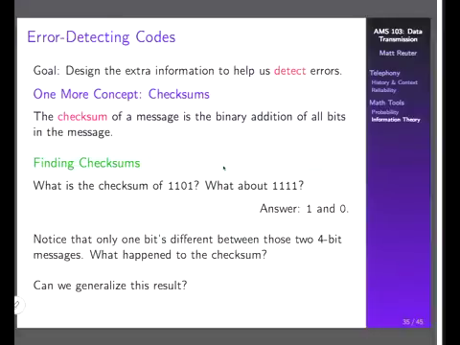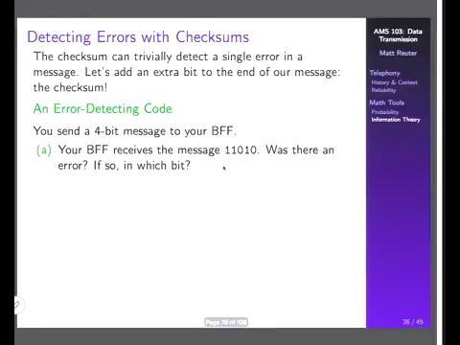So in this sense, the checksum could be used to detect a 1 error difference. If we were to send those two messages, we would expect to get a different checksum. And so if we had actually sent 1101, but the other person received 1111, if they were to check the checksums, they might see something different. This is exactly how we can think about making an error detecting code. What we're going to do is say the checksum can trivially detect a single error in the message.